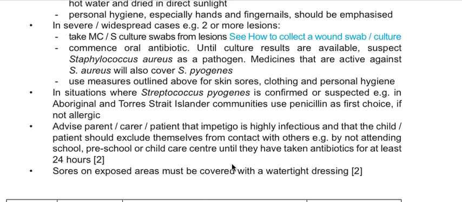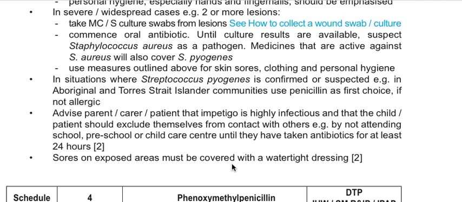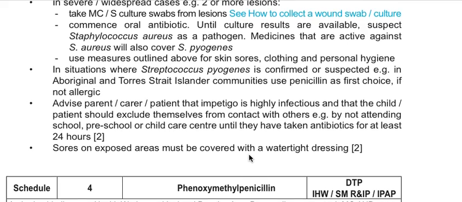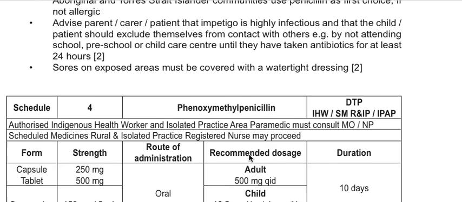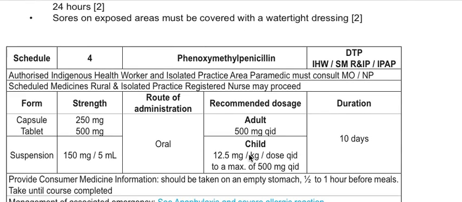And things that are active against Staph aureus will generally cover Strep pyogenes. In situations where Strep pyogenes is confirmed or suspected, use penicillin as a first choice if not allergic. Advise the parent impetigo is highly infectious and the child should exclude themselves from contact with others for at least 24 hours. And you must cover the sores with a watertight dressing.